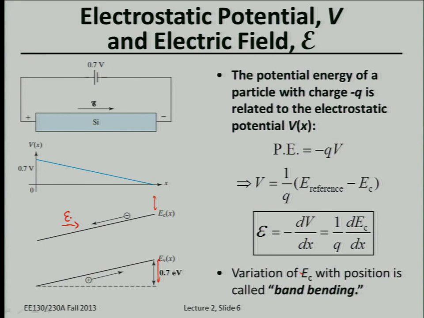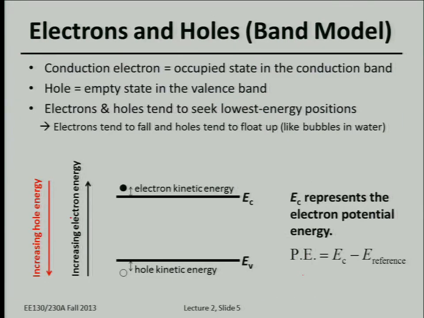One thing I forgot to mention is that this energy band gap, EG, is a fundamental property of the semiconductor. If the semiconductor material is the same to the left versus to the right, then the band gap energy is the same.